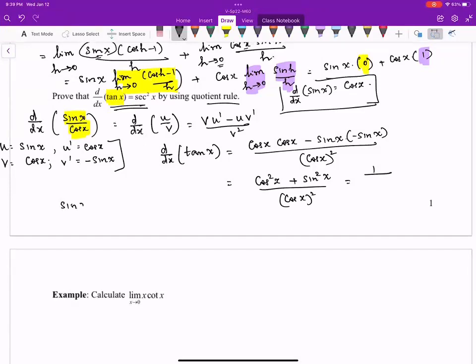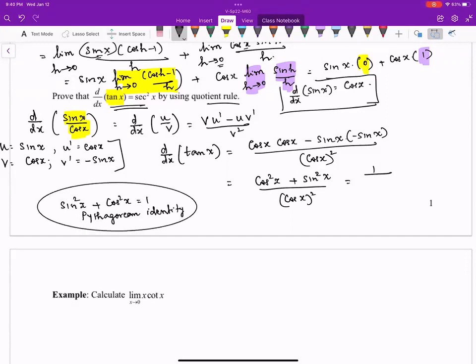So we know that sine square x plus cosine square x equal to 1, which is the Pythagorean identity from trigonometry. It is 1 over cosine x the whole square, or 1 over cosine x in parenthesis square.